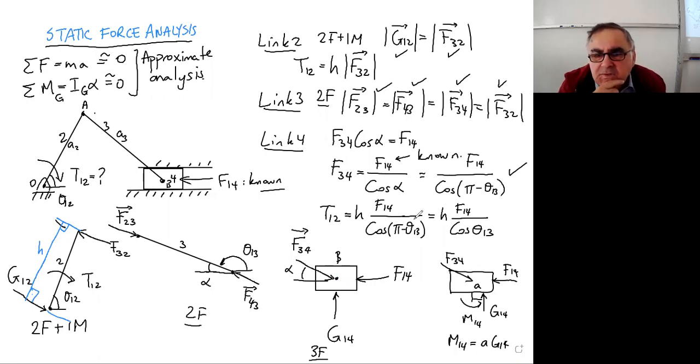So using the fact that we have two force members, three force members, etc., we got a very quick solution. Instead of solving 13 equations, we got a solution rather quickly. Well, we didn't get it completely yet, but we almost are there.